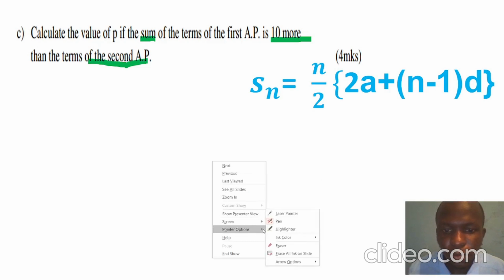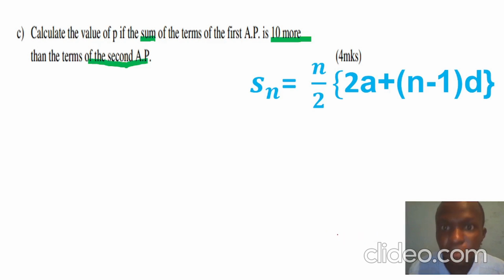So let us use the formula. Now we want to get the first expression, that is of the first arithmetic progression, and arithmetic series, and then you get the second expression, that is of the second arithmetic series, and then after that we can form an equation.